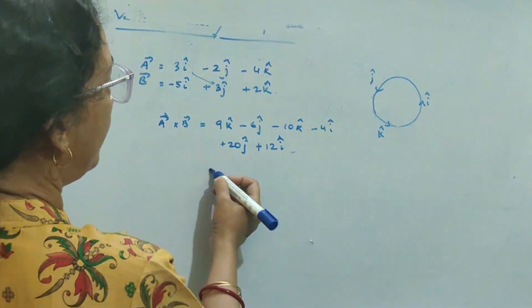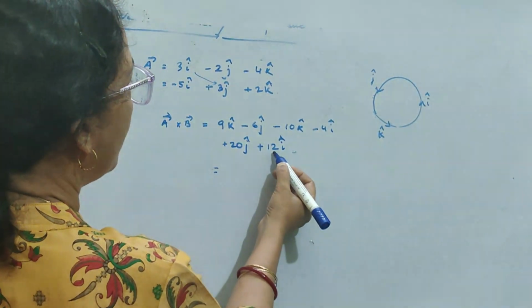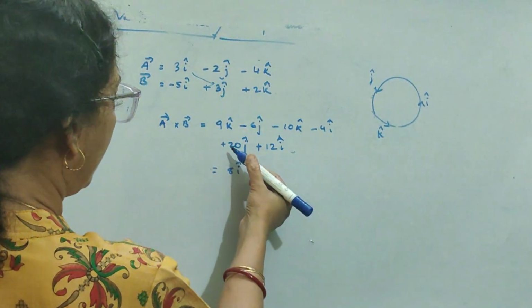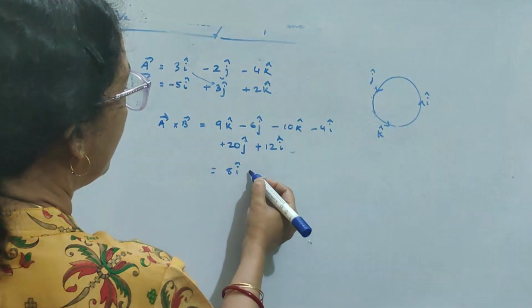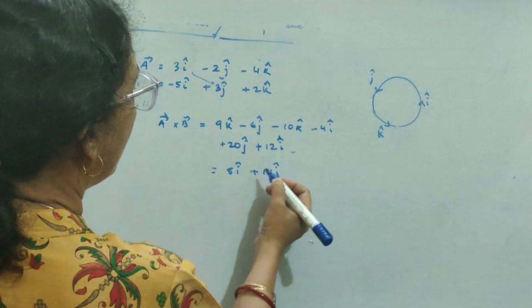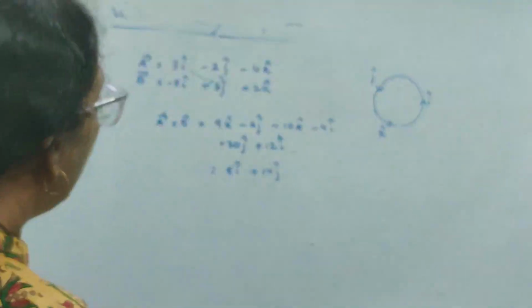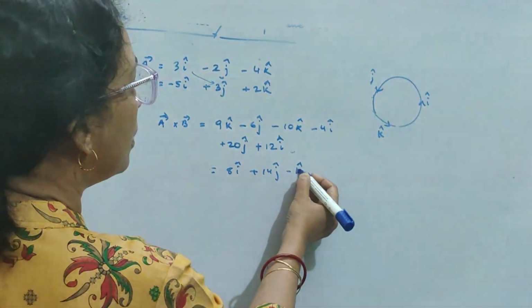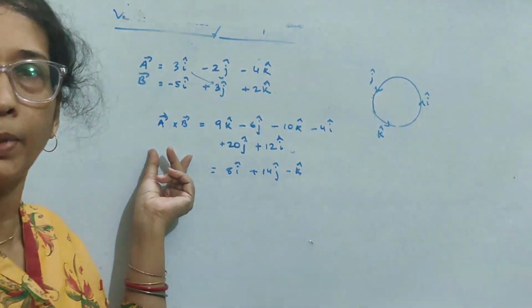Now we can add up the i's, j's and k's simply. I get minus 4 plus 12, that is 8i, and 20 minus 6 is 14j, and k: 9 minus 10 is minus k. So this is your result of A cross B.